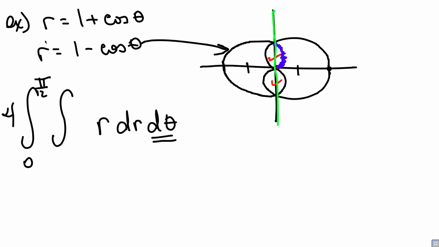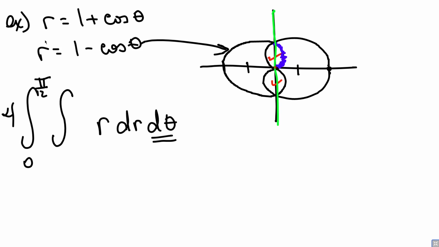But it's not going to be 1, because if it were 1, that means it has a uniform shape. But it doesn't have a uniform shape. It's following along the curve. Well, which curve is it following along? It's going to be secant theta.